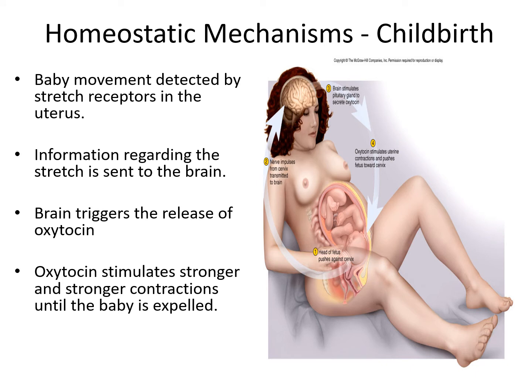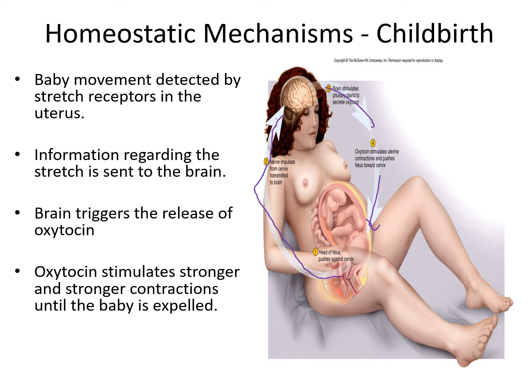Okay. The other mechanism, this is a positive feedback. This would be childbirth, right? And so during childbirth, the head of the fetus pushes against the cervix, and that stretch is actually detected by the brain, and the brain will put out oxytocin, and that oxytocin will then go to the uterus to cause more contractions, right?